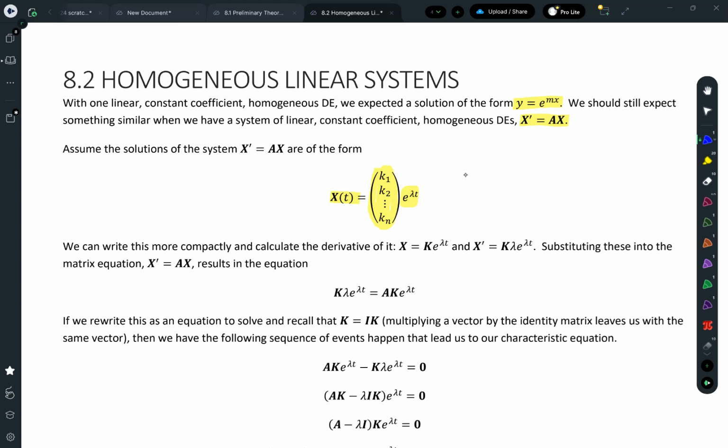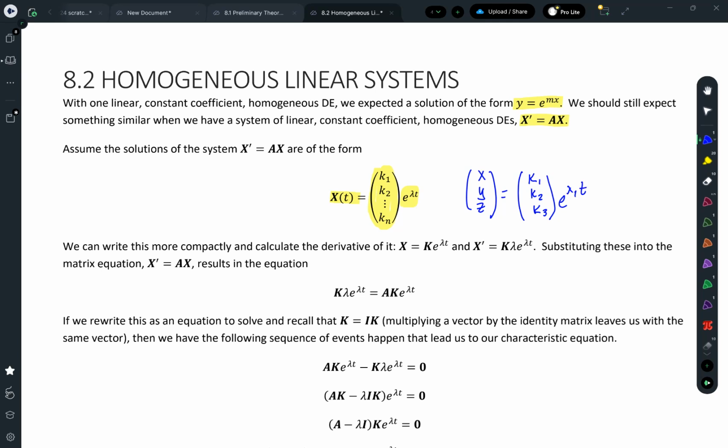Then what this is saying is that we have a vector x, y, z that is equal to some other vector that has constants, some k1, k2, k3, times some e to the lambda 1 t.